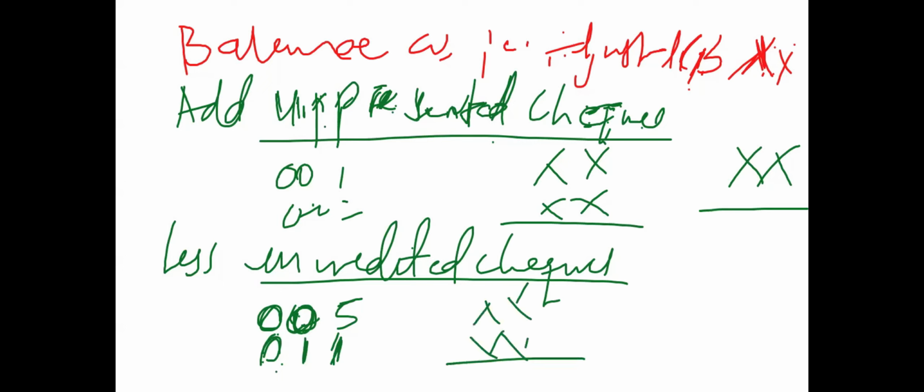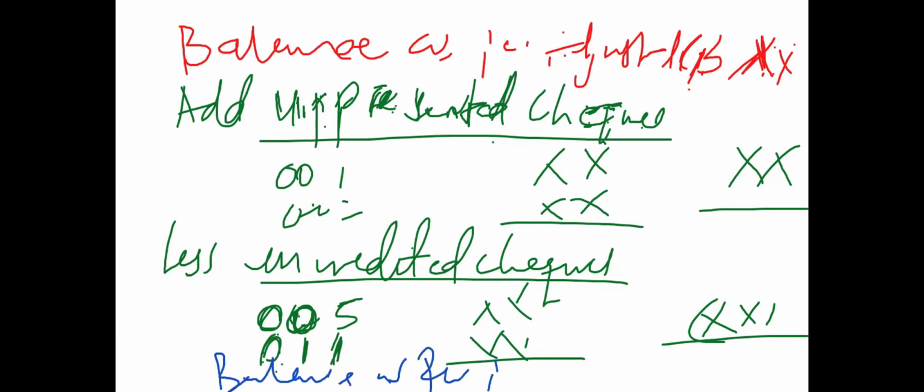When you add the two, you less them off here. And when you less them, you'll be able to get the balance as per bank statement. That will be the balance. That's the basic format.